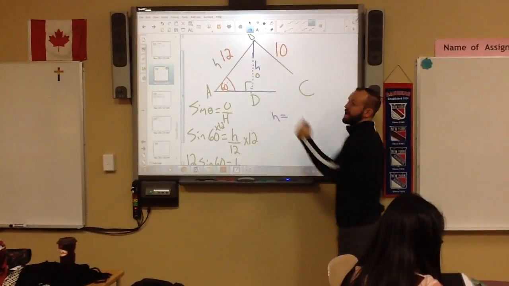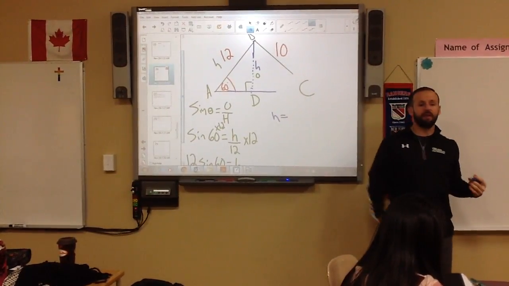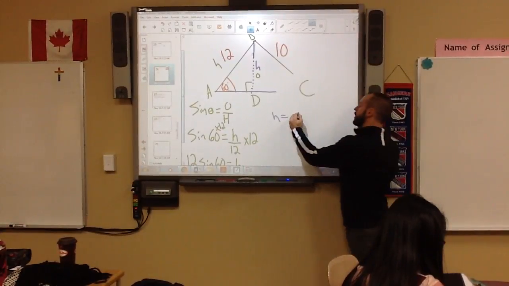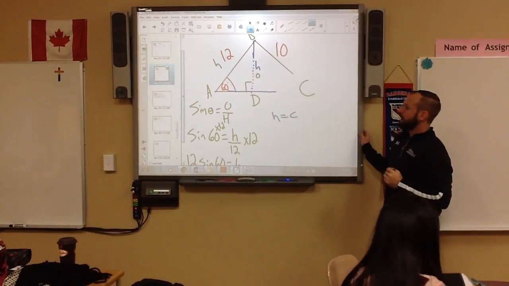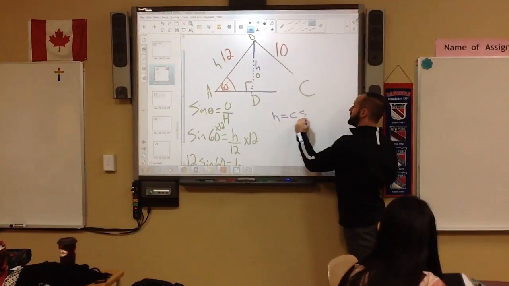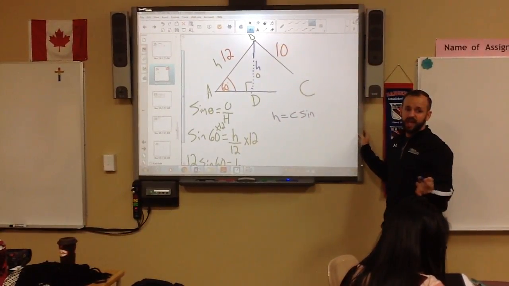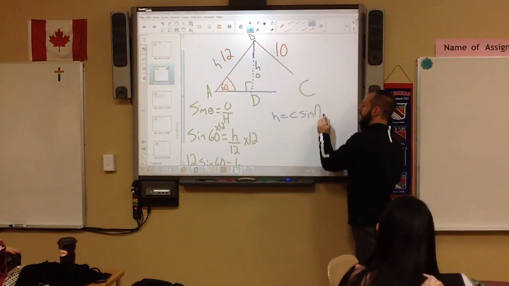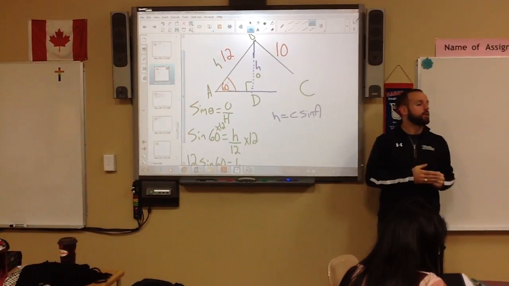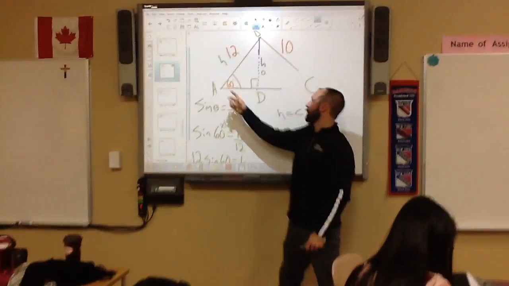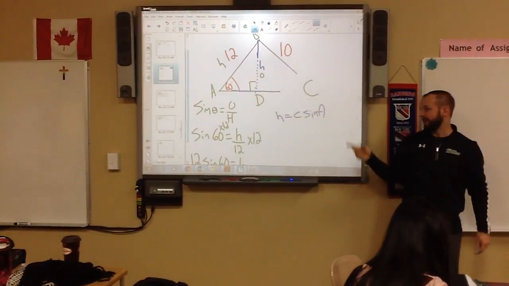What side length is that? If I use the ABC labels, it's side c, a lowercase c, multiplied by sine of the angle 60, which is angle A. Basically, I'm taking the opposite side and multiplying it by the sine of the angle I'm given, and that gives me my height.